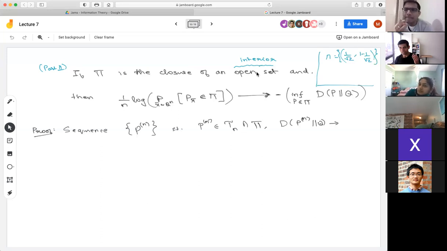The probability of this particular distribution being the type of anything, or something landing inside this one element set pi, is always 0. So there is no lower bound. So for a general pi, there cannot be a lower bound.